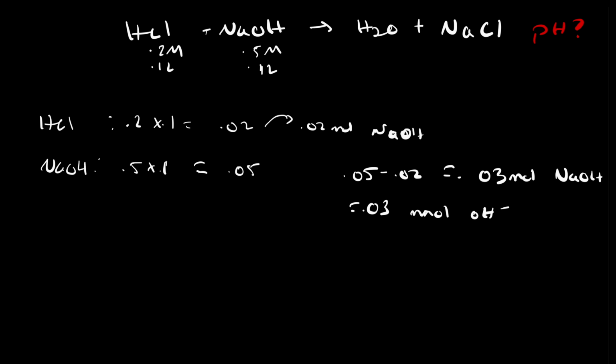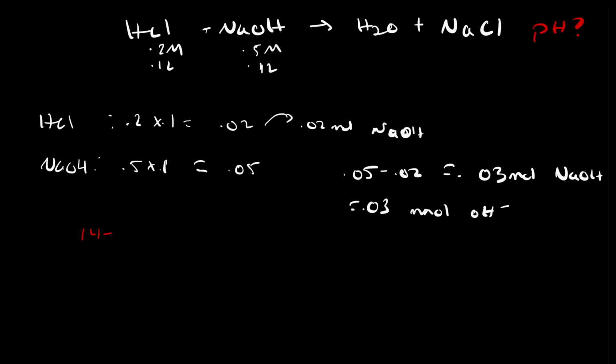So the tricky thing is, how do we get pH? We have OH minus. So there's two ways to go about this. We can either, A, use the fact that 14 minus pOH would give us pH, or we can use our Kw expression and say that Kw is equal to the concentration of OH minus times H plus, and solve for that way, and then after we would do our pH calculation.